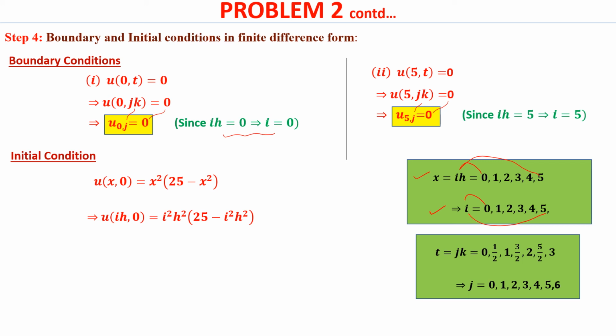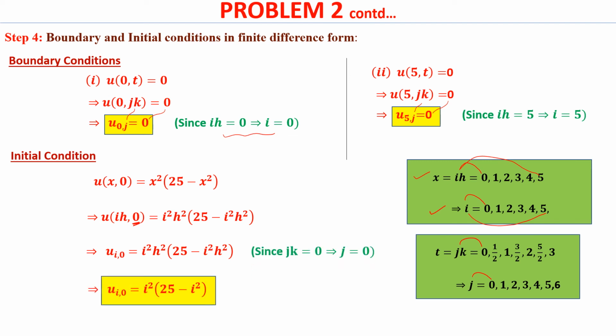Here you have u with suffix i, and what is this value? jk. When jk equal to 0, what's the value of j? It is 0, and therefore the left hand side will be u i comma 0 is equal to the right hand side. But what is the value of h given to us? It is 1. So let us substitute h value to be 1, and then we get this result. So now we have got all the initial and boundary conditions in finite difference form.